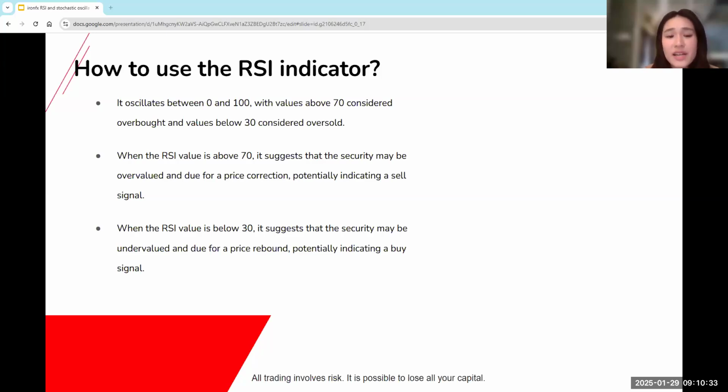When the RSI value is above 70, it suggests that the security may be overvalued and due for price correction, potentially indicating a sell signal. When the RSI value is below 30, it suggests that the security may be undervalued and due for price rebound.